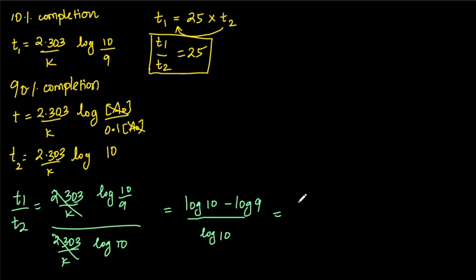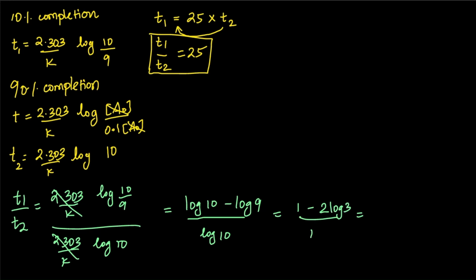So log 10 value is 1 and log 9 you can write as log of 3 square. So the 2 will come in the front. So you can write as 2 into log of 3, divided by, again the denominator is 1.